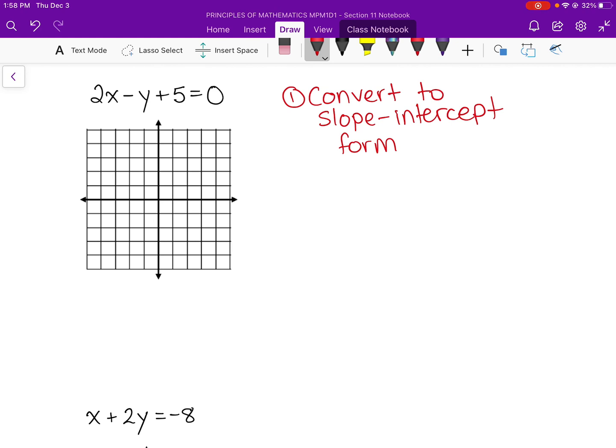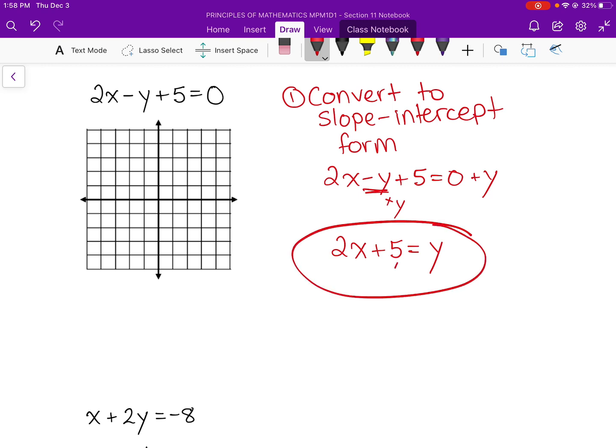If we wanted to convert this to slope-intercept form, I think the easiest way would just be to move the y to the other side. So I'm going to add y to both sides. That leaves me with 2x plus 5 equals 0 plus y, which is just y. Boom, one step, done. So I converted it to slope-intercept form.